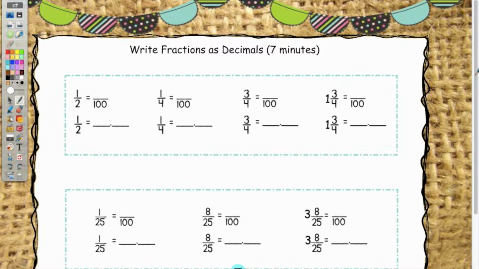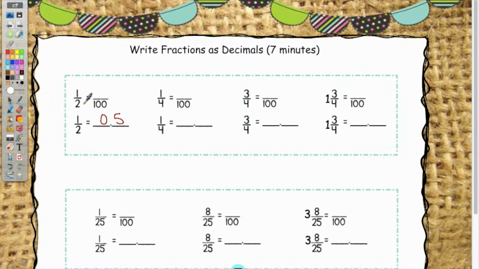So we all know that the decimal that represents half is what? 0.5. Or 5/10, right? We all know that. But we need a strategy for figuring it out for the ones we don't know. So here's the strategy.